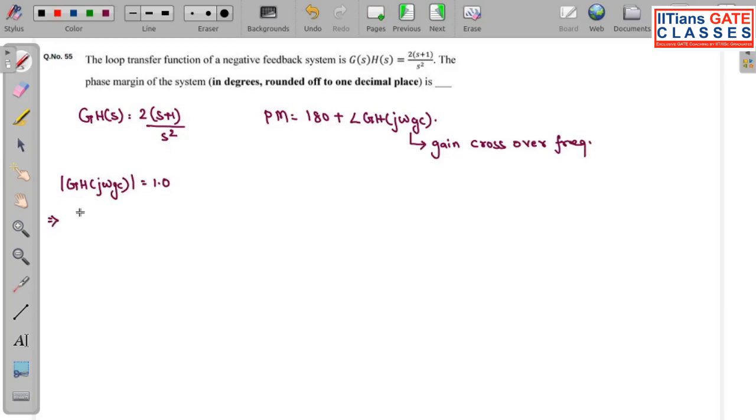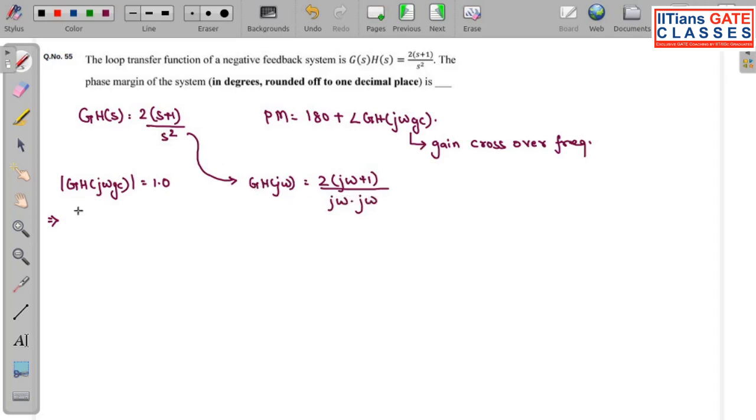So first let me write the gain of this transfer function. That is 2 times (j omega plus 1), divided by j omega into j omega. Here s squared I have written as j omega into j omega.